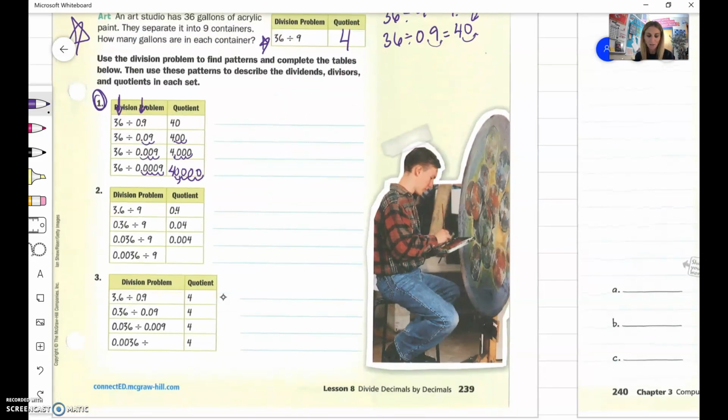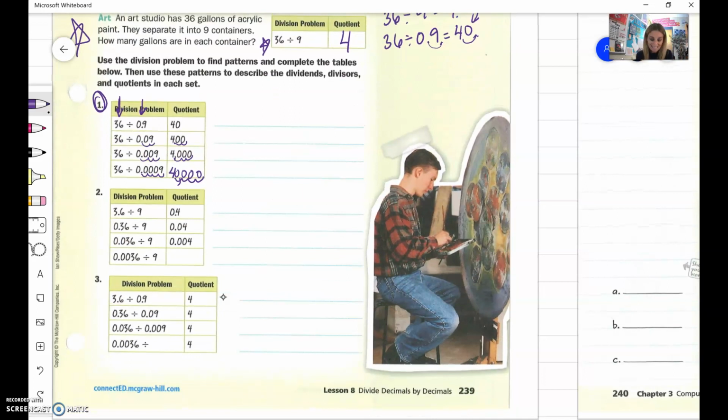So now let's take a look at what happens when the dividend has the decimal. Remember, our basic fact is still 36 divided by 9, which is 4. But now the decimal is in the dividend. What are we noticing? 0.4. Notice when it was in the divisor up here, my quotient got bigger. But now since it's in my dividend, it's getting smaller.